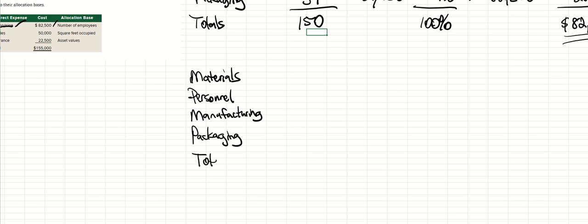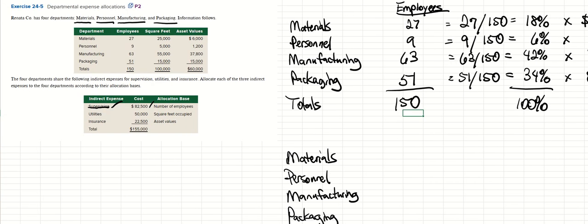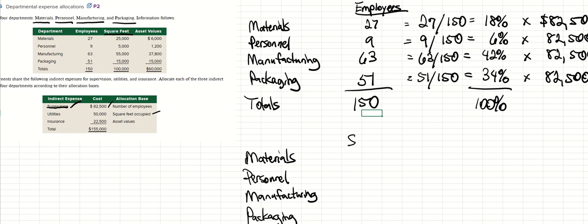Okay, and then totals. Okay, so this time we're going to be using the square feet that's occupied as an allocation base. So the square feet that's occupied is going to come from here in this chart up here. And so the square feet, let's go ahead and put it here.